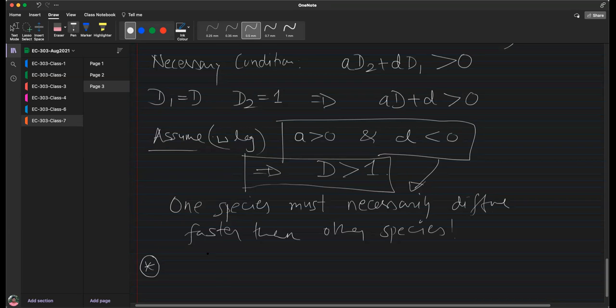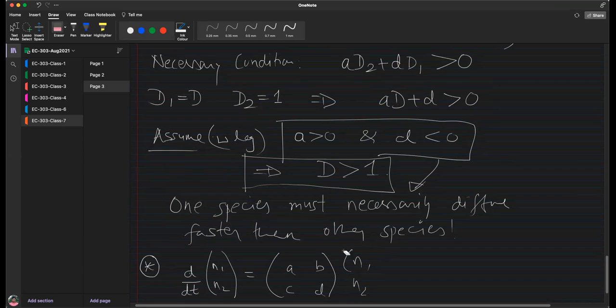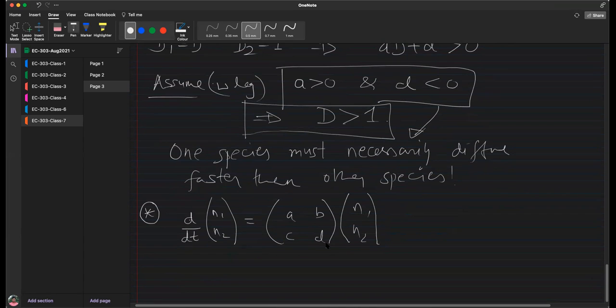So let us again go back to the mean field system. If we had a mean field system, if you write down how the perturbations change, you had something like this, right? A, B, C, D, N1, N2. Okay, this is what we had.